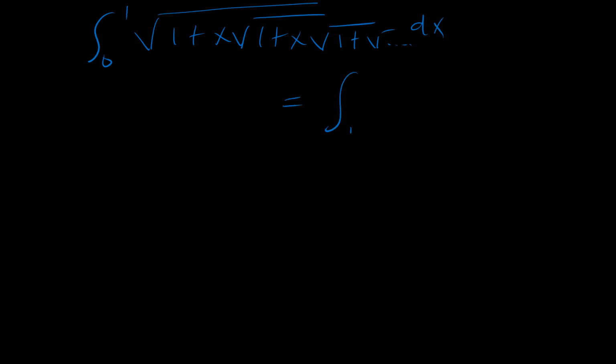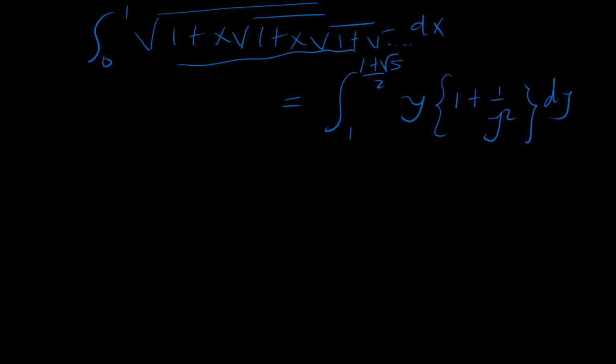The lower limit was 1, the upper limit was 1 plus root 5 over 2, and then this entire part is y, and in place of dx we saw that we would have 1 plus 1 over y squared dy. So this becomes the integral from 1 to 1 plus root 5 over 2 of y plus 1 over y.